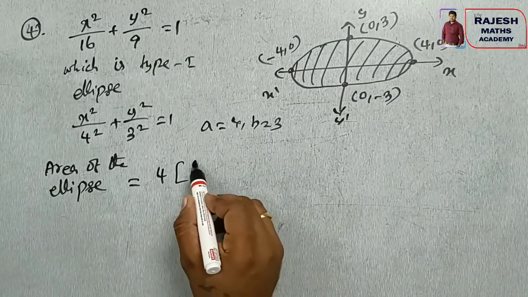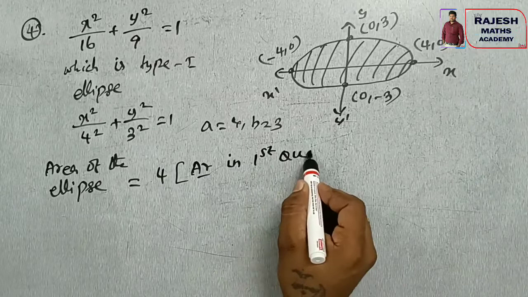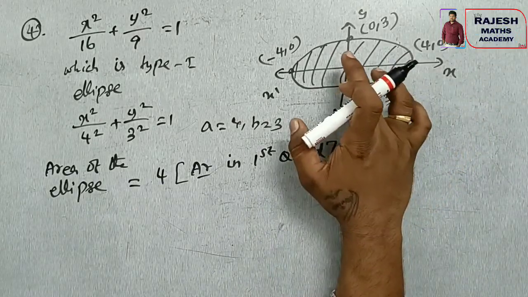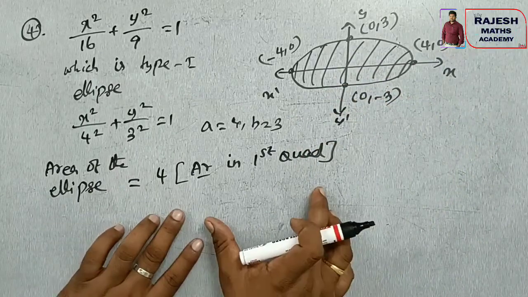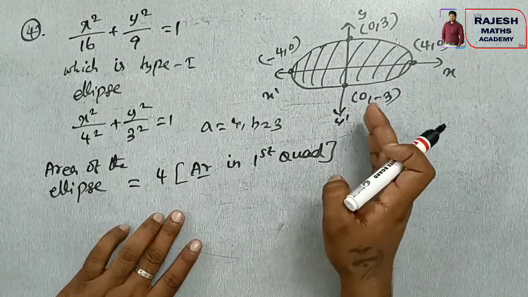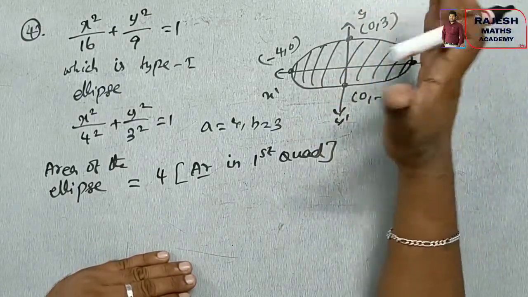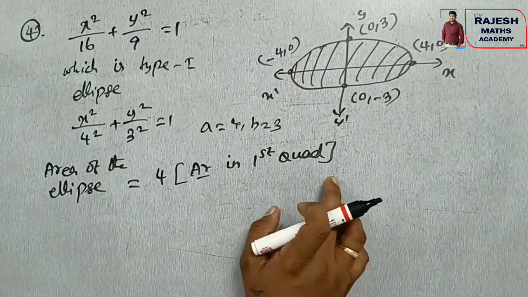Not only the first quadrant, we could take 4 times the area of the second quadrant, third quadrant, or fourth quadrant. Any one quadrant we can take, because the ellipse is symmetric about the x-axis and the y-axis as well. So I can find the area as 4 times the area in the first quadrant.